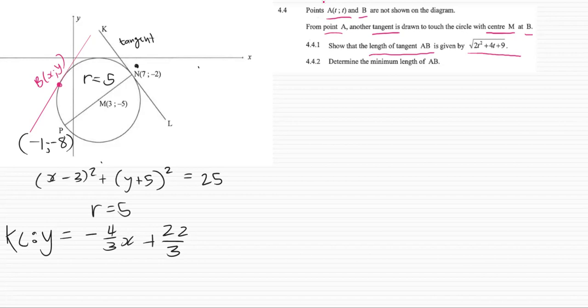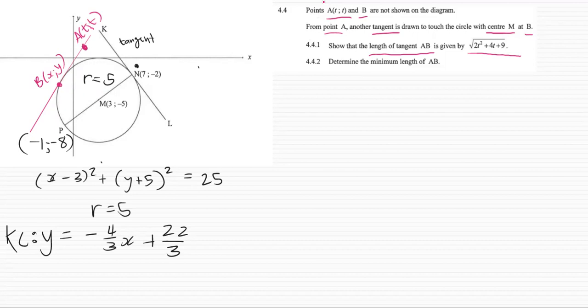Point A, T, T. So where is our point A? Point A is not shown on the diagram. I'm going to put my point A over here. Point A could be anywhere on this tangent line, but that's where I'm going to put it. And the question asks, what is the length?